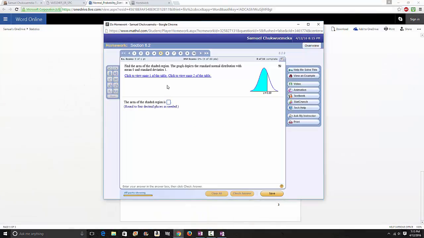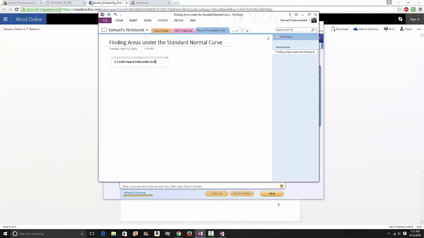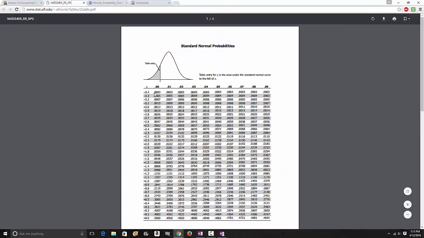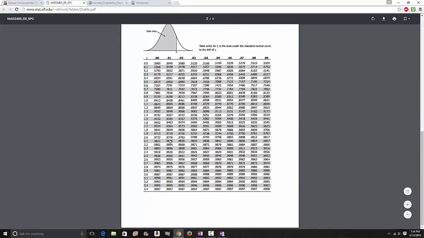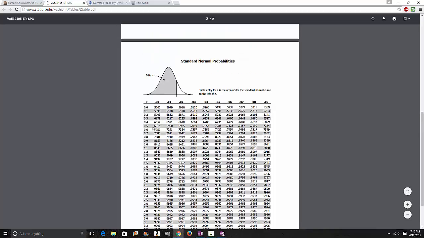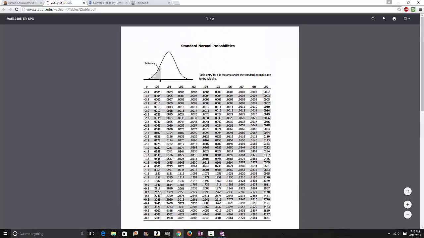With your table here, which many textbooks use, you have 1 decimal place here, and you also have 2 decimal places here. This column is for the negative Z values. We've explained why they are negative. And the second page is for the positive Z values.